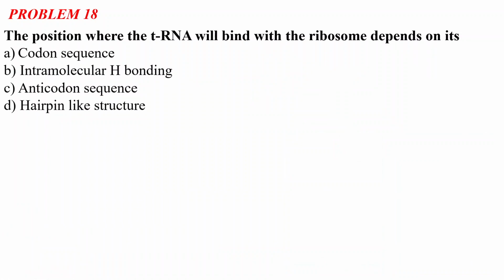It says that the position where the tRNA will bind with the ribosome depends on its: A, codon sequence; B, intramolecular hydrogen bonding; C, anticodon sequence; and D, hairpin like structure. You have to identify the position where tRNA will bind with the ribosome.